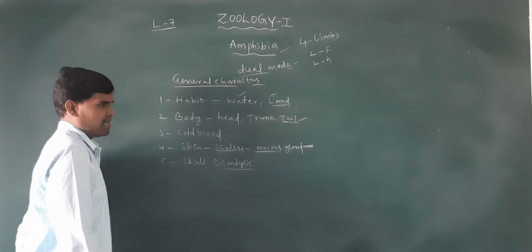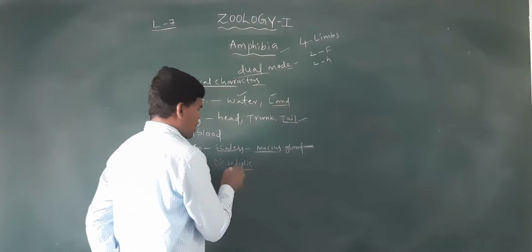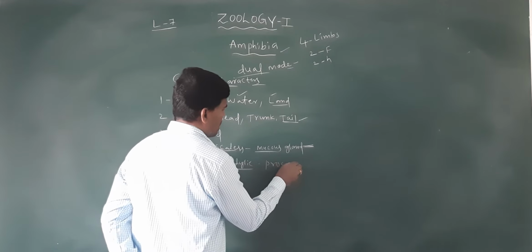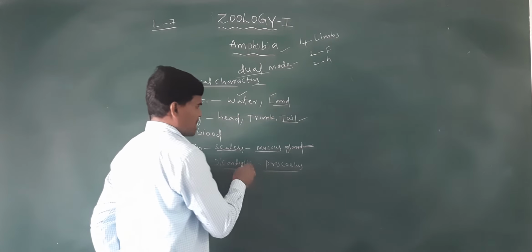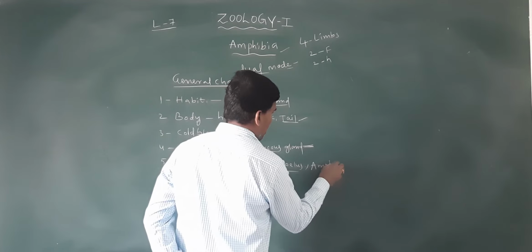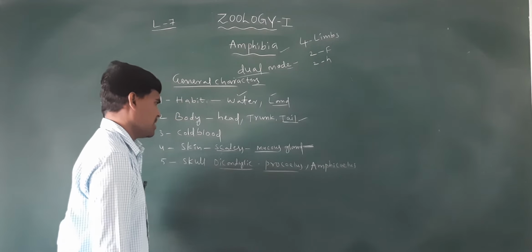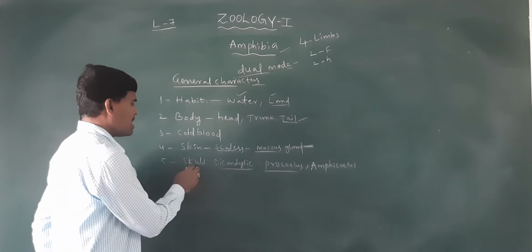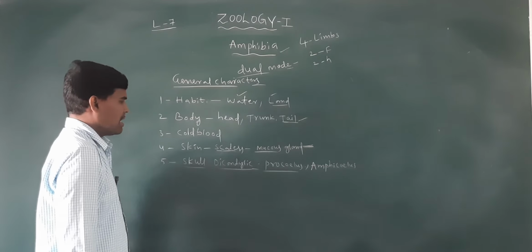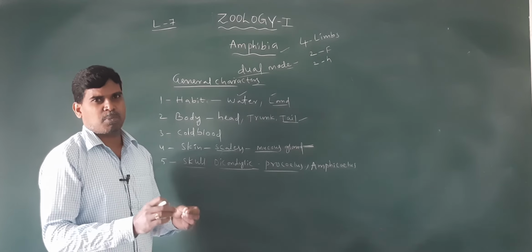Which type of skull? Dicondylic skull. Mammals also have a dicondylic skull. The vertebra is procoelous in some animals and amphicoelous in others. Dicondylic skull means two occipital condyles.